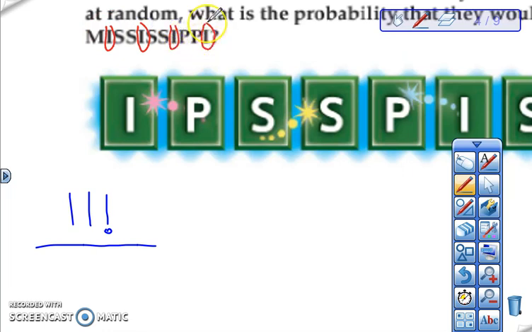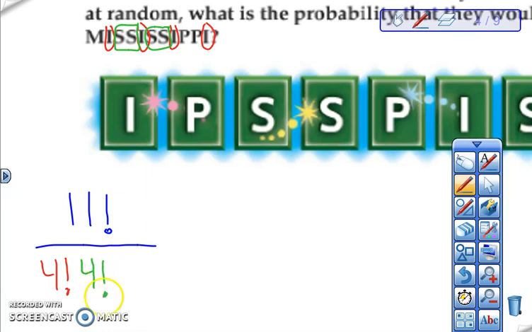Right? So these 4 I's cannot be distinguished. I can't tell them apart. So when I start jumbling up the letters, I don't know which I is which. So to decrease the total in such a way that it eliminates the extra counts, I'm going to divide by 4 factorial because that was the number of ways that the I's got switched up.